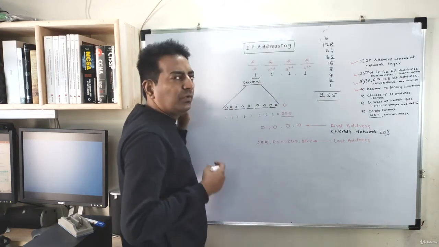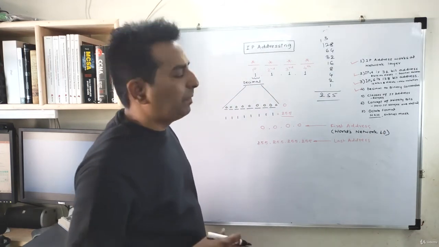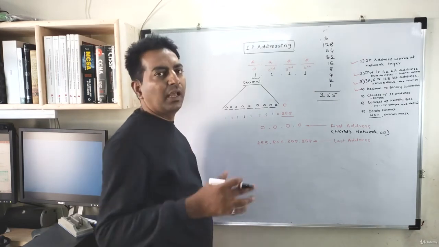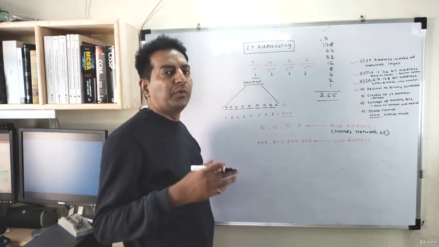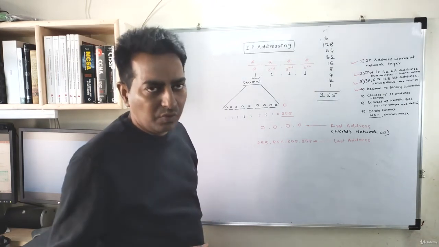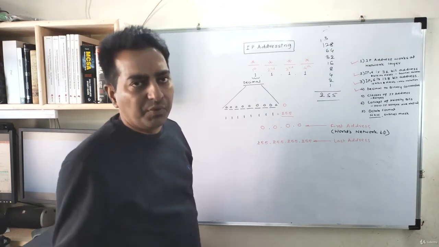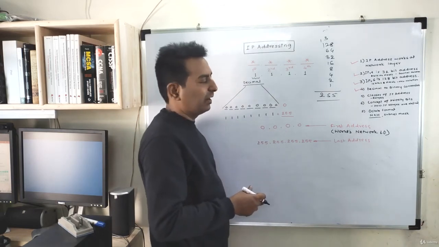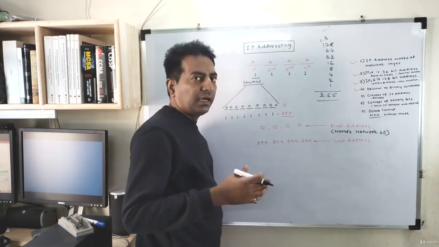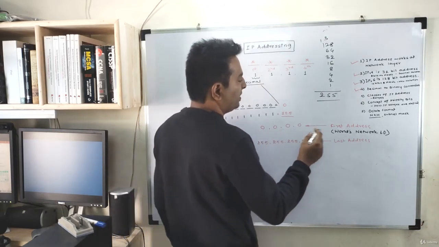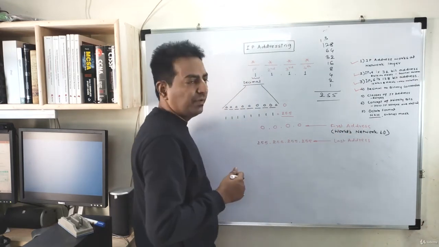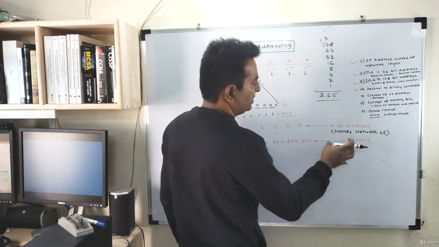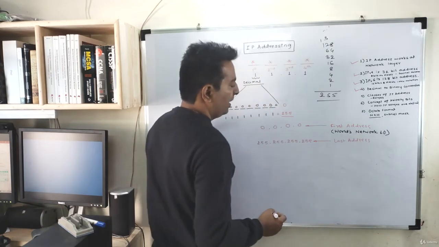So you go anywhere in any part of the globe and look at the IPv4 address assigned to any server, cloud host or desktop computer in any network. This is going to be the NID for that network. So this is the first address in IPv4. So the world's network ID, right?